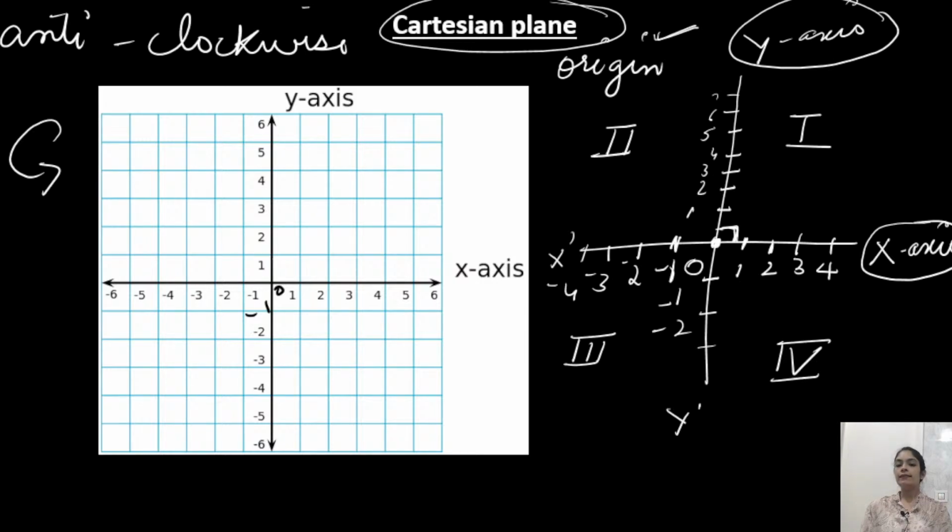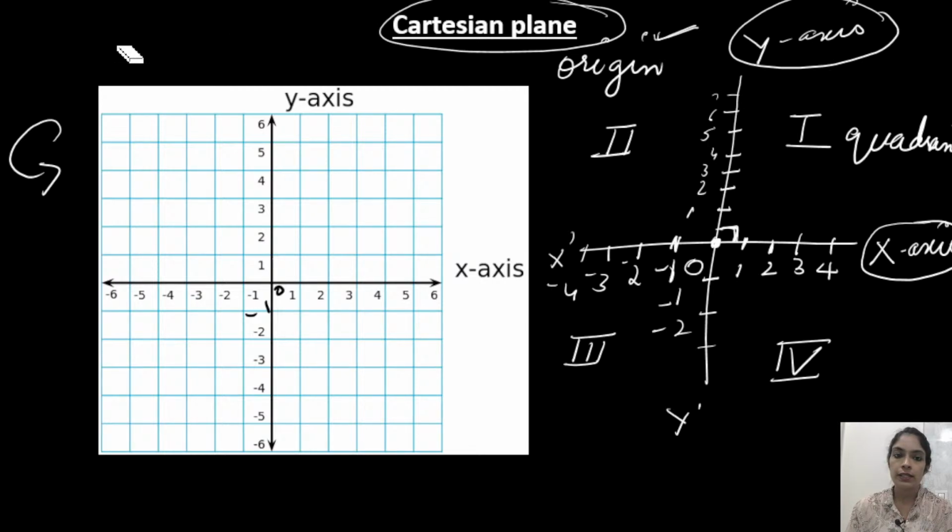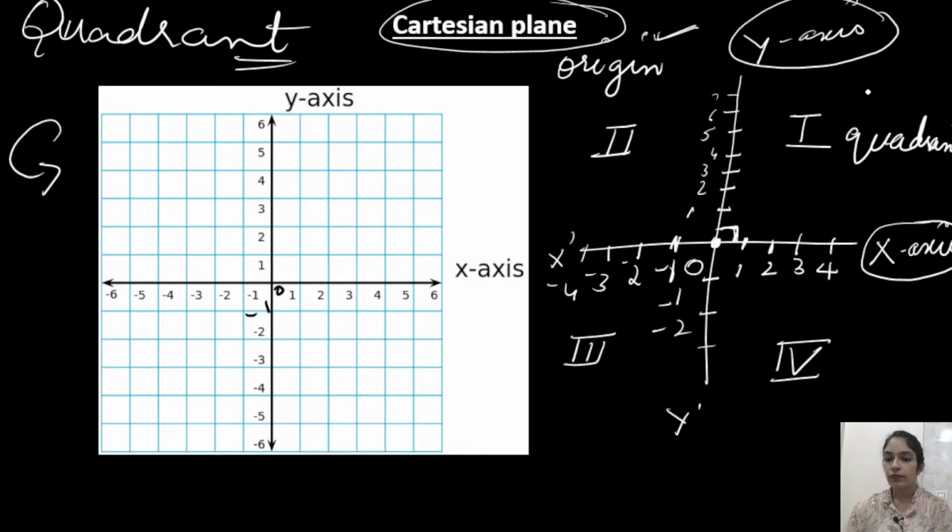We will not say these as parts, we will say these as quadrants. Quadrant means one-fourth part. You should know this basic terminology. So this is the first quadrant, this is the second quadrant, this is the third quadrant, this is the fourth quadrant.